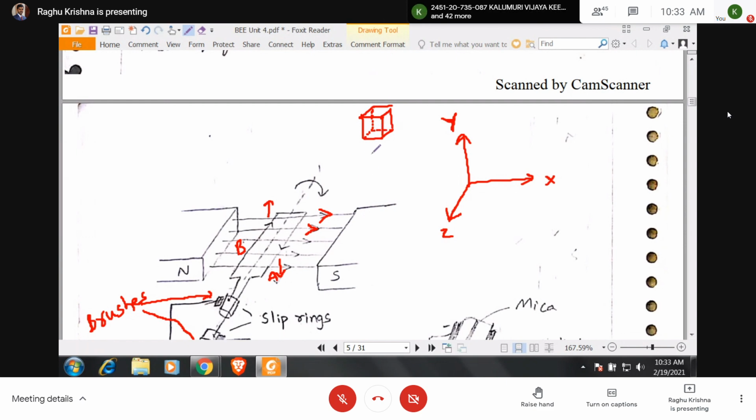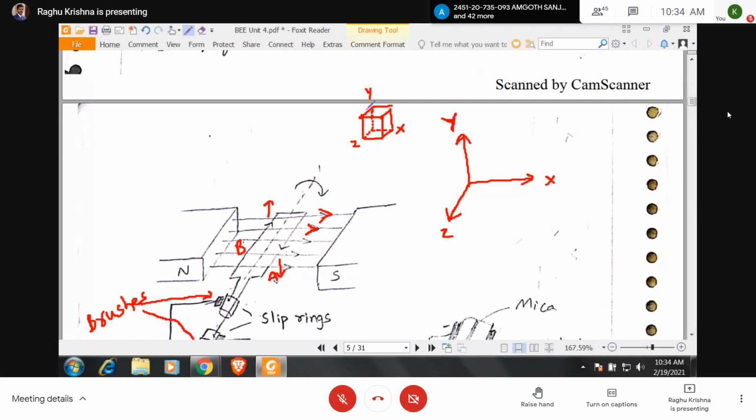If you take a cube, this dotted one is x-axis, this dotted one y-axis, and this dotted one will be the z-axis. If you take this as the positive, let us consider.